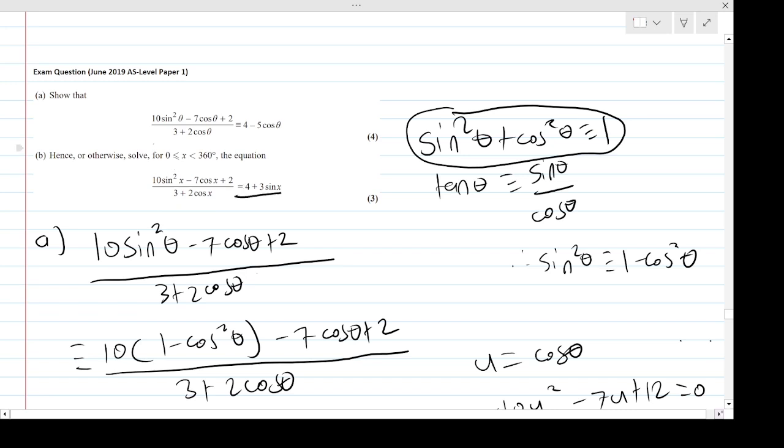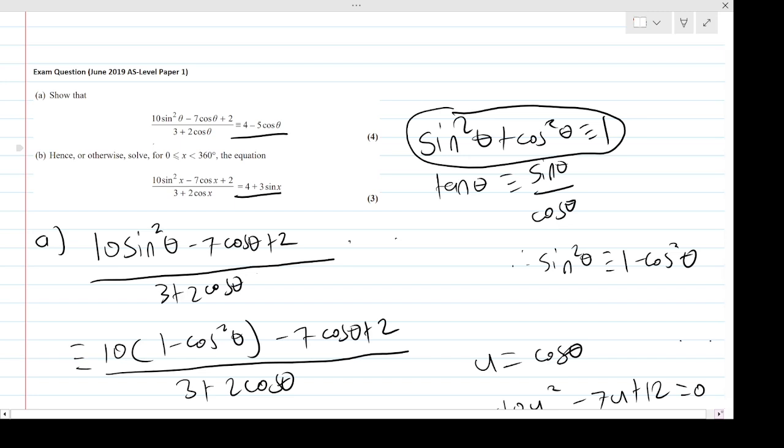Right, now this is a very common exam question. Instead of trying to solve with that ugly fraction, we need to use part A. We can substitute: that big fraction is the same as 4 plus 3 sine x.